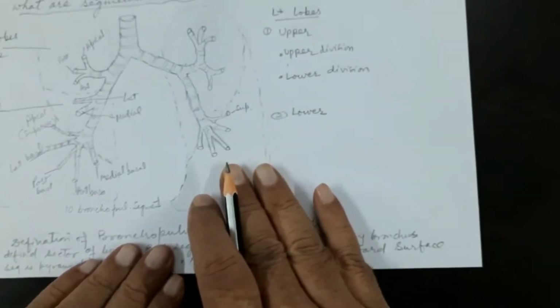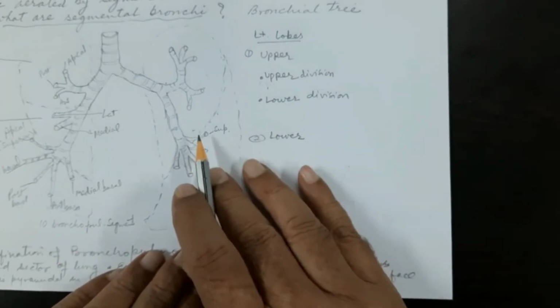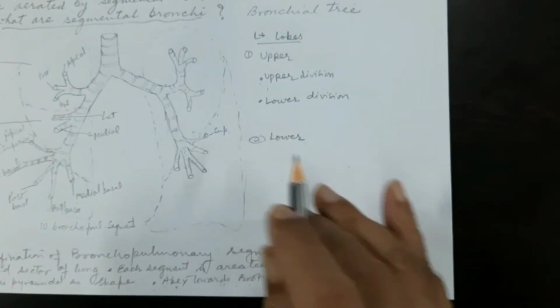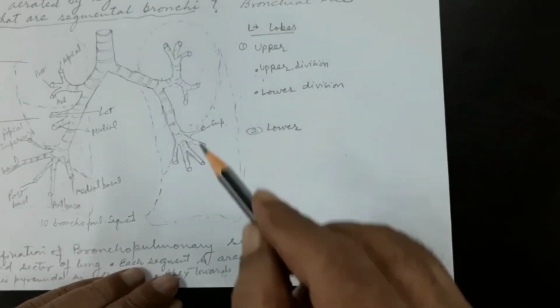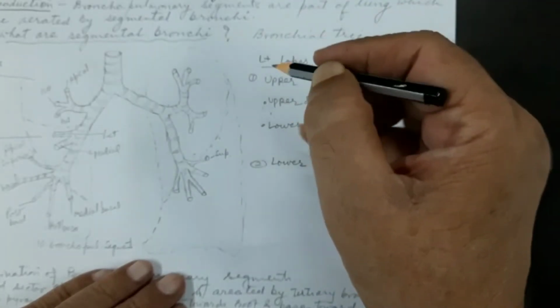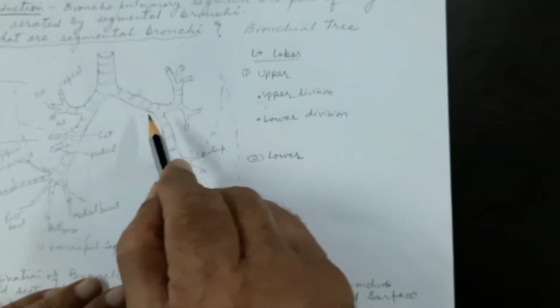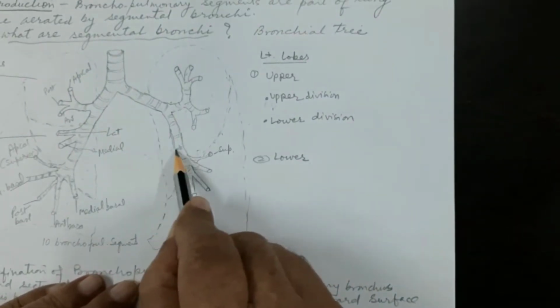Now similarly, let us come to the bronchial tree branching into the left lung, which is a little different. Here again, it will divide into the upper lobar bronchus and the lower lobar bronchus.